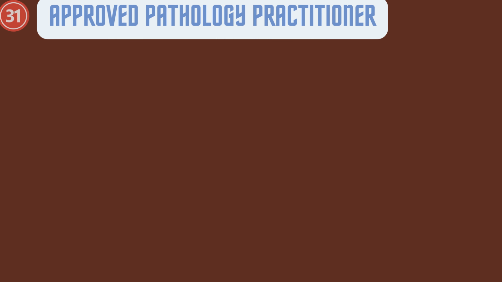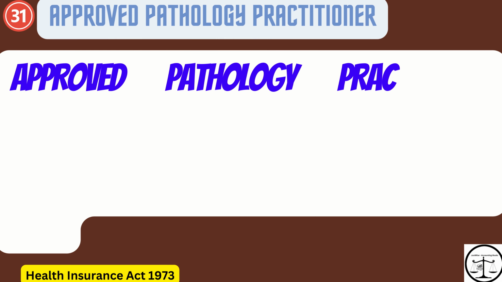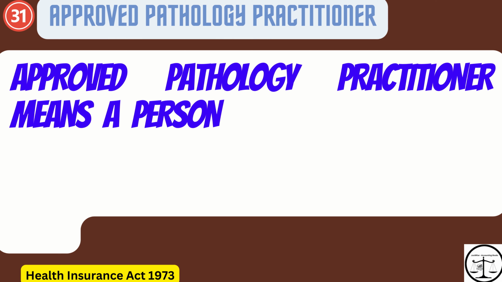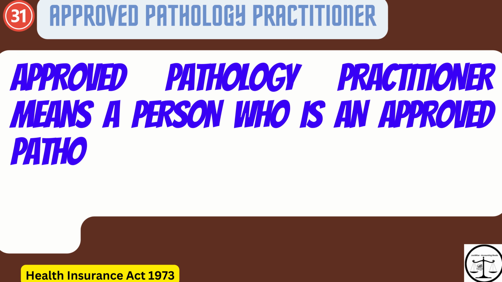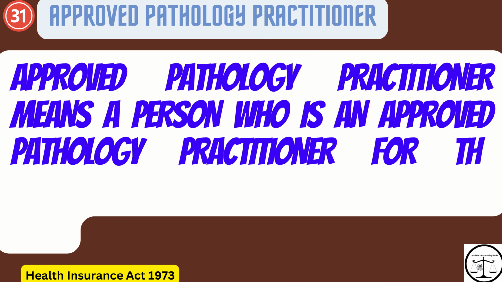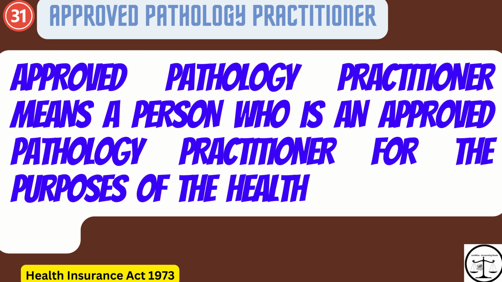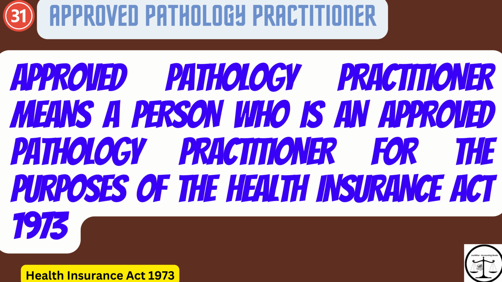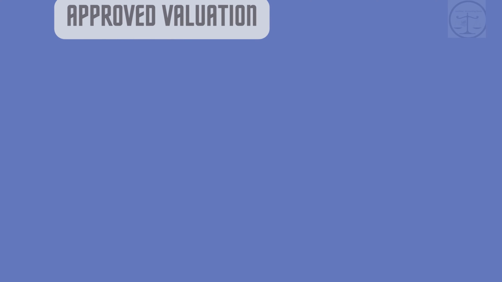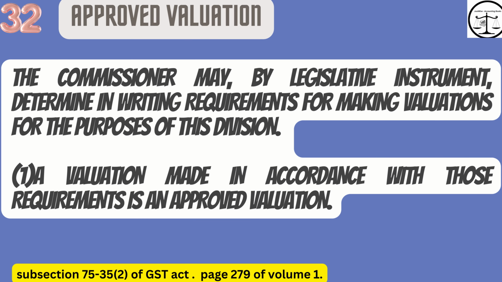Word number 31. Approved pathology practitioner. Approved pathology practitioner means a person who is an approved pathology practitioner for the purposes of the Health Insurance Act 1973. Word number 32. Approved valuation has the meaning given by subsection 75-35(2) of the GST Act.